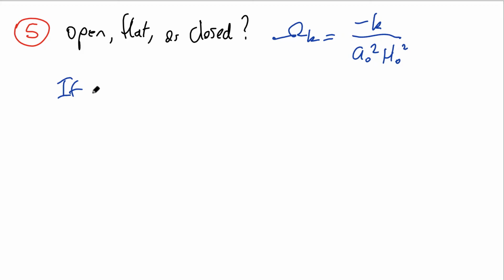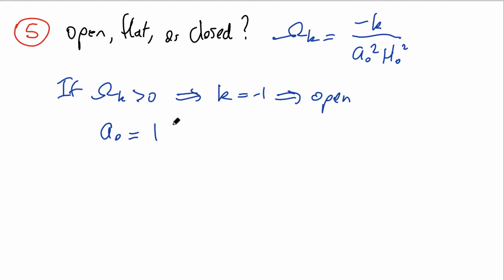So if omega k is positive, that tells us that the parameter little k is minus 1, which means we have an open cosmology. So space is a hyperboloid. And furthermore, we can use the numerical value of omega k to determine the present day value of the scale factor a. So we find a0 equals 1 divided by the square root of omega k times H0. And remember, H0 is one of the quantities we specified at the beginning, so we know its numerical value.